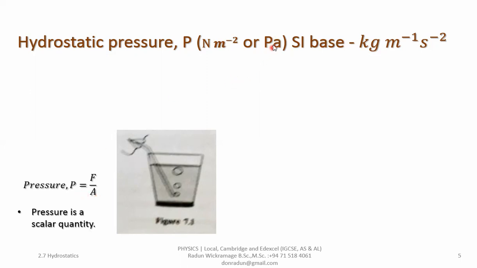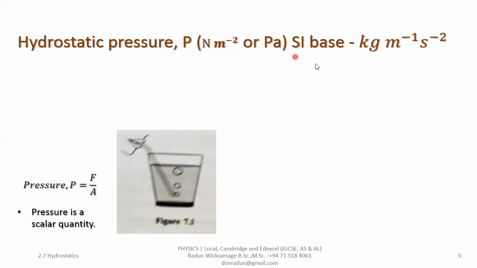Usually measured in pascals, or as you can see in the equation, force measured in newtons, area measured in square meters, so it should be newtons per square meter. So these two units are the same. We have given a special name, pascals, for newtons per square meter.